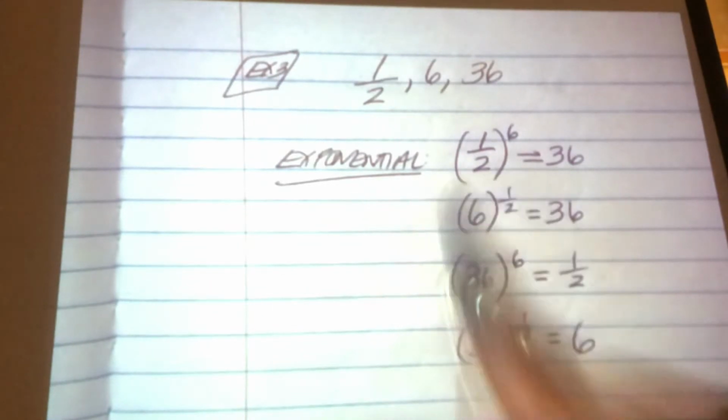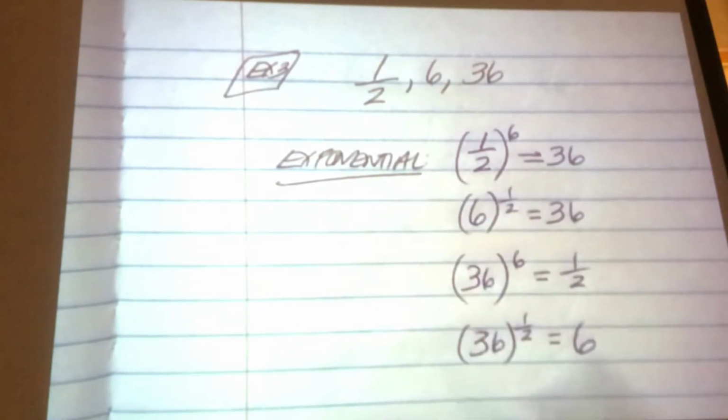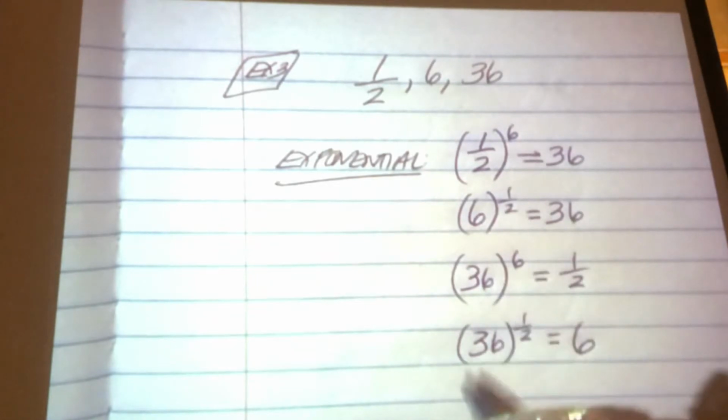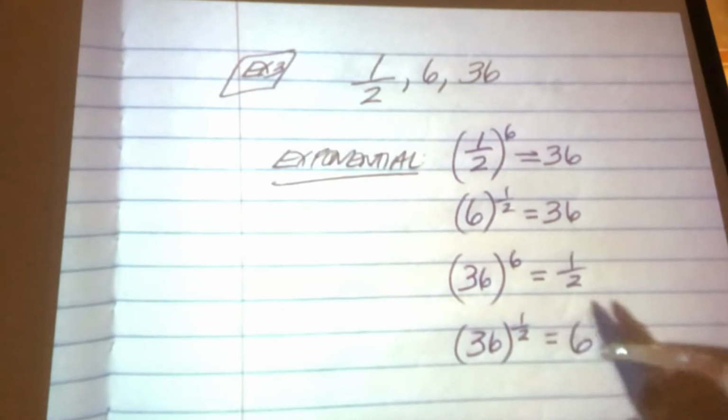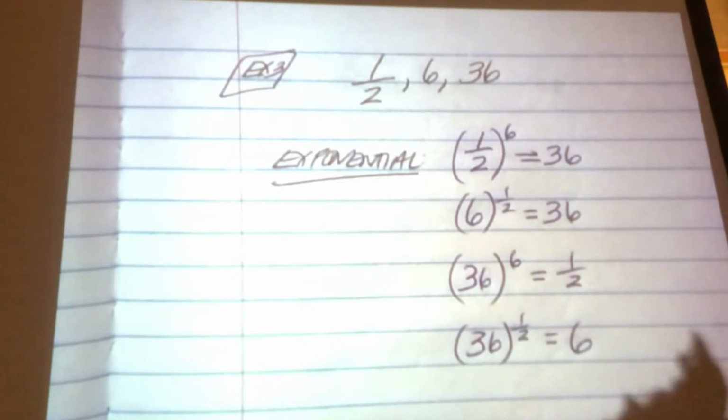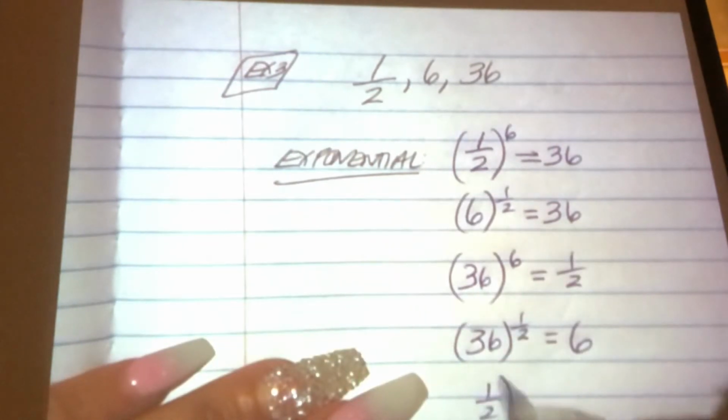Without yelling it out, can you give me another option of how this order could go? What am I missing? Guys, please look up there. Don't yell it out. Victoria, can you tell me? 1/2 to the 36th power equaling 6.